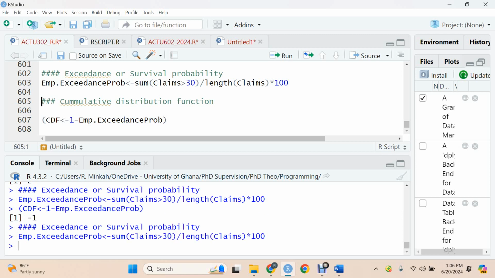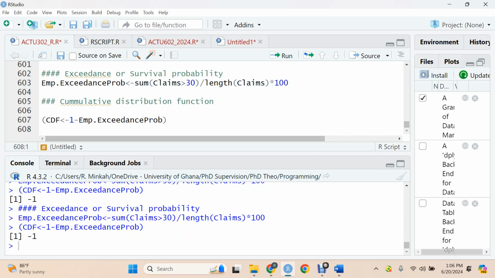Oh, okay. Who can tell me what is happening? Let's see whether people are following. Yeah, exactly. So the exceedance probability is in percentage, and then I'm subtracting the percentage from 1. So that's what I'm getting there.